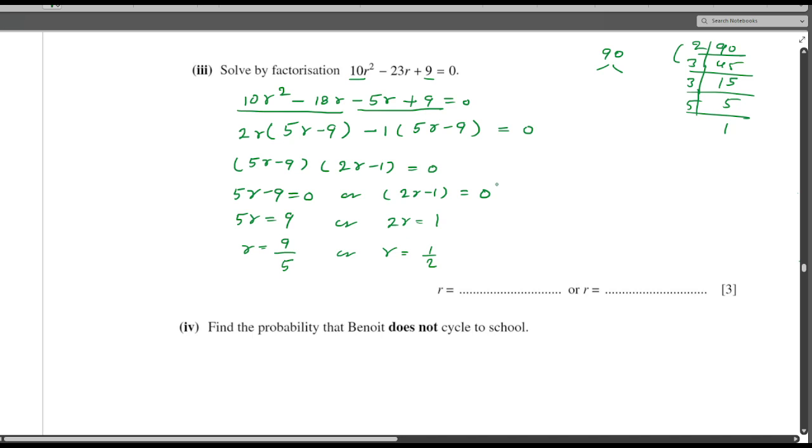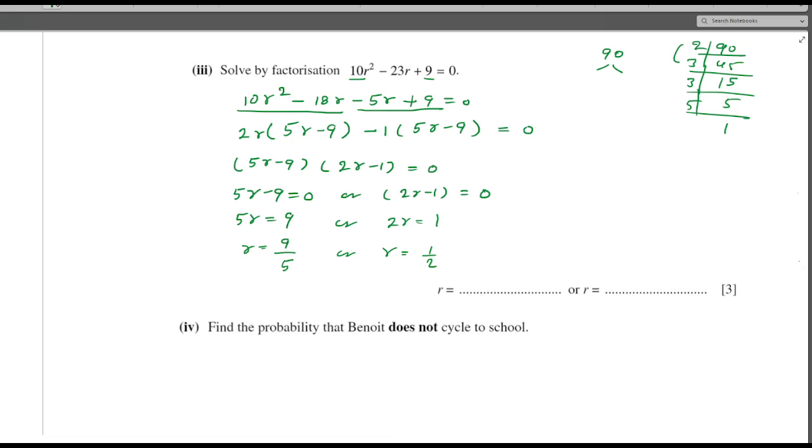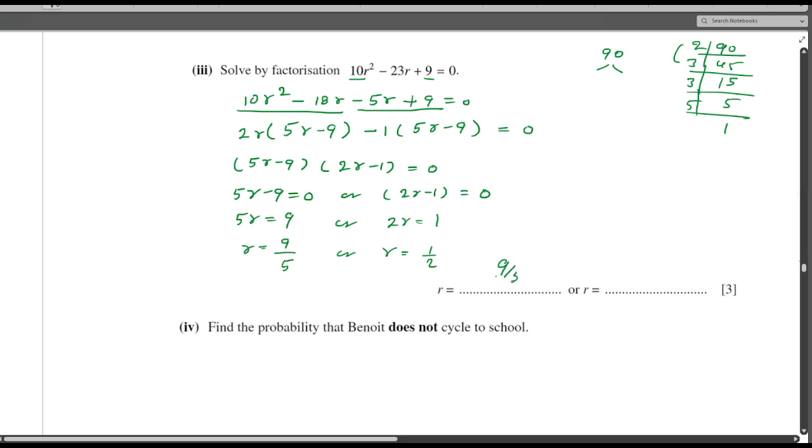These are the values of r. One value is 9 divided by 5, the other value is 1 divided by 2.